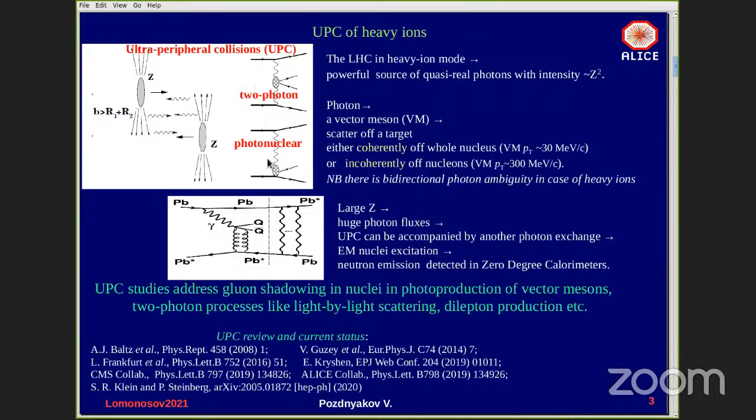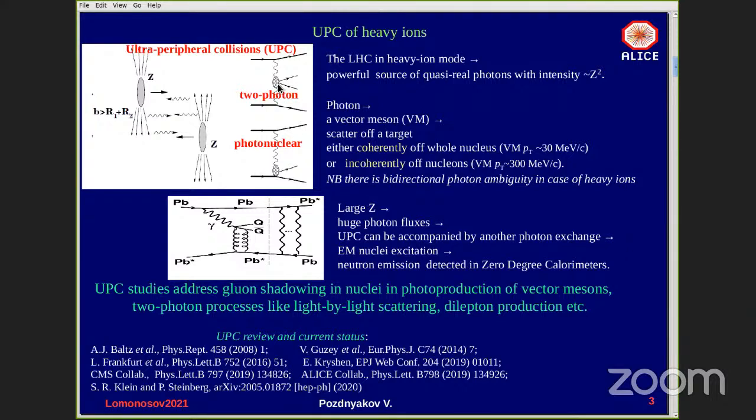Actually, there are also two-photon processes, but that is out of my presentation because it's a pure QED process, and the main point here is that it is just background for the study of photonuclear reactions, where a photon fluctuates into a vector meson, and this vector meson scatters off the target ion either coherently on the whole nucleus, and then the J/psi pT is around 30 MeV, or incoherently off nucleons, and then we have 10 times more pT.